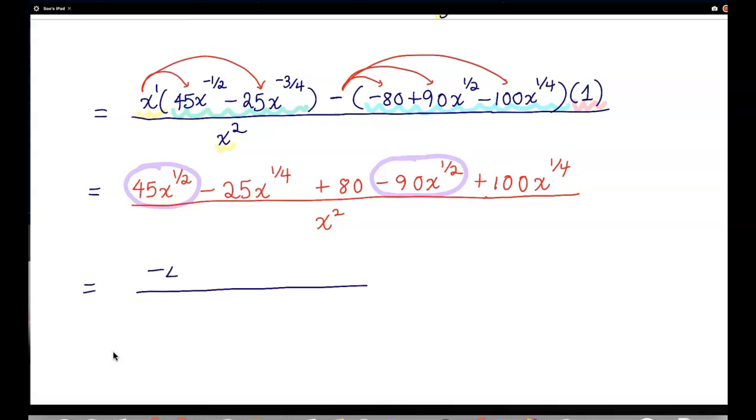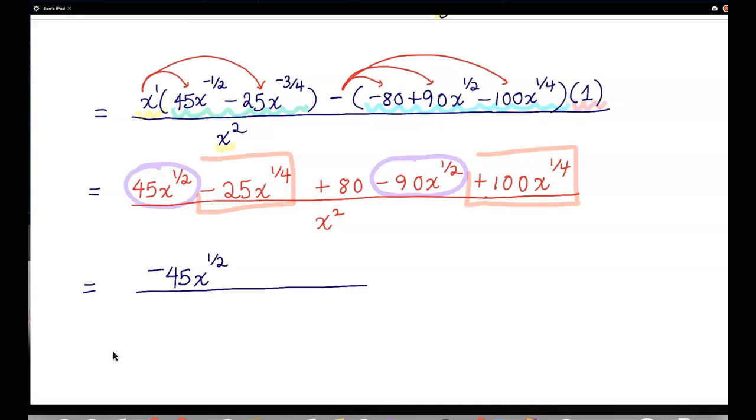Guys, this is Saturday morning at 7:30, so I want to double check everything. I don't want to make a silly mistake. Negative 45x to the 1/2 power. I also notice there is another like term. I see there is negative 25x to the 1/4 power and positive 100x to the 1/4 power.